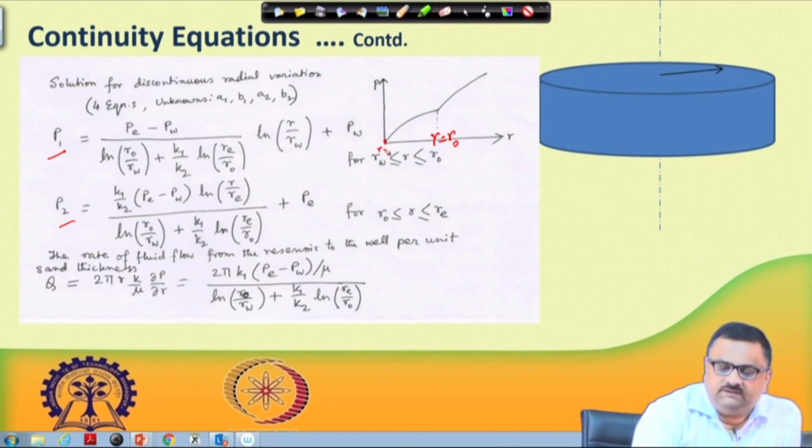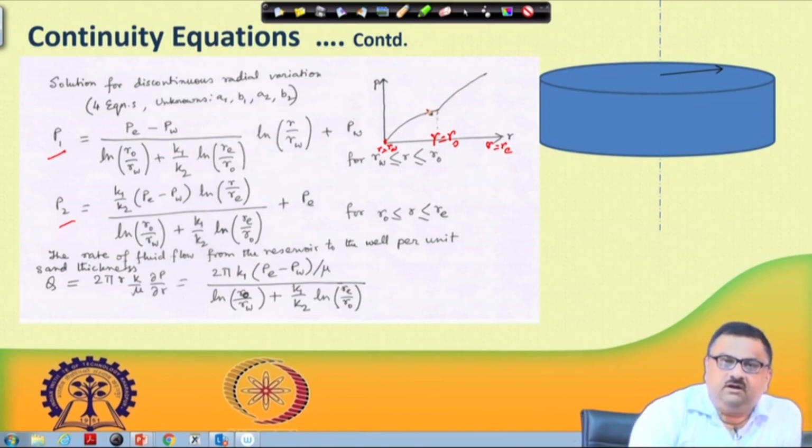This must be r equal to r_w and this must be r equal to r_e. Between r_w and r0 you have one equation, so one curve. Between r0 and r_e you have another curve. These two curves are different. There is a discontinuity, but the pressure coming from this side and from that side meet at the same place.